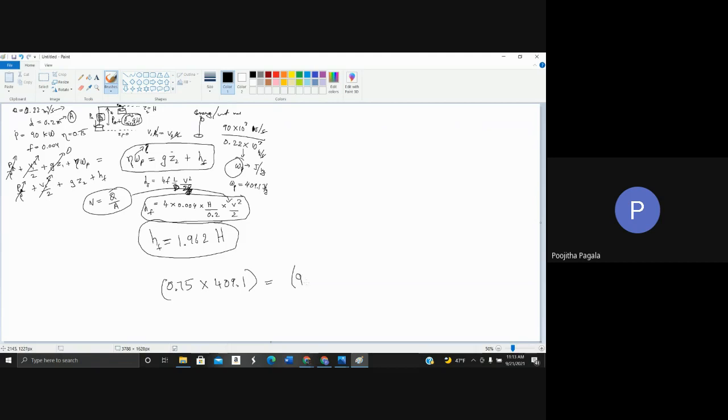So G is 9.81 into Z, Z is nothing but H. Z2 is H plus 1.962 times H. So from here you can calculate H. So the height is approximately 26.1 meters.